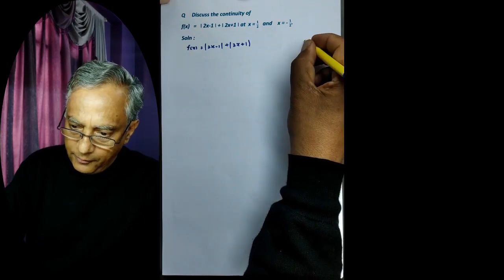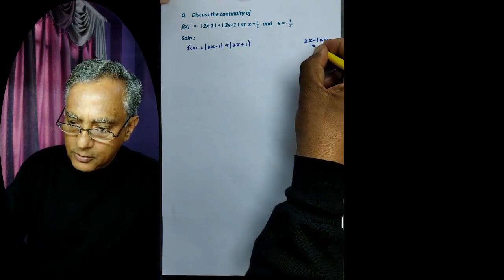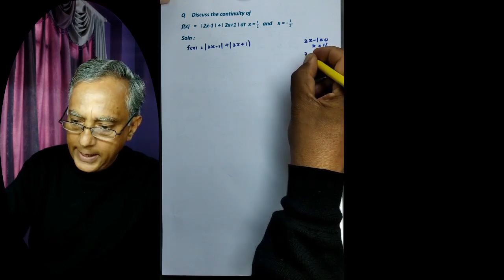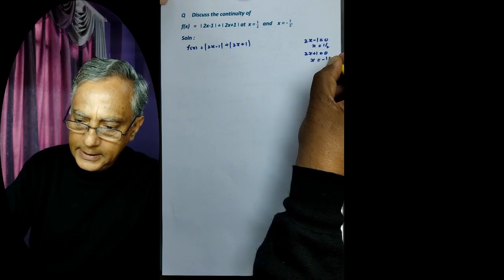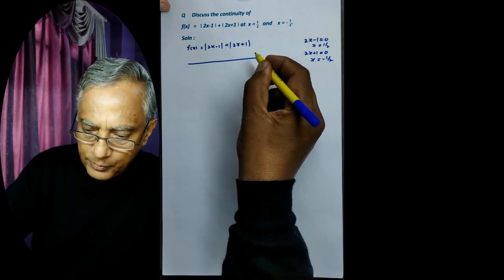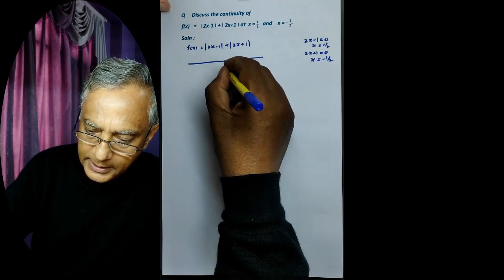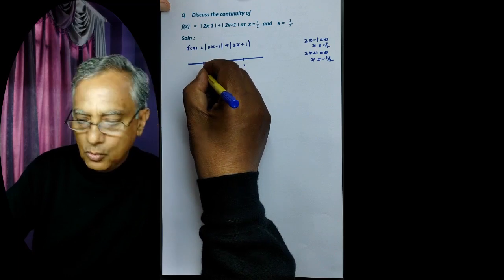Now if we put 2x minus 1 is equal to 0, we get x is equal to half, and 2x plus 1 is equal to 0, we get x is equal to minus half. So what we do is we break the number line at these points. Say this is 0, this is say 1, this is minus 1.